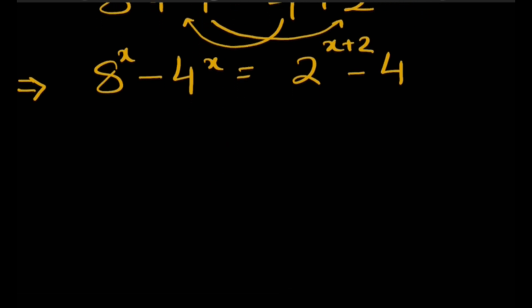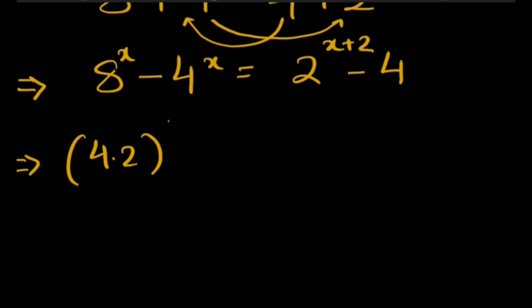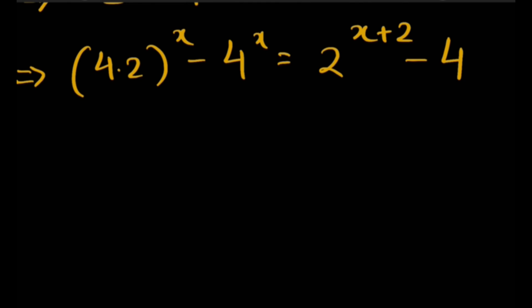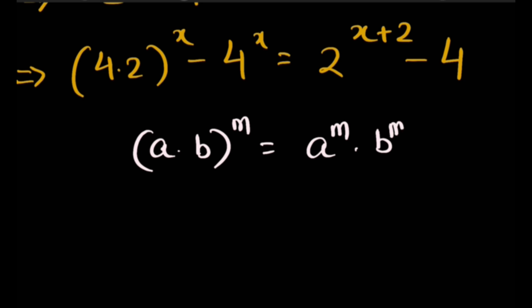Now we can write 8 as (4 into 2) whole to the power x minus 4 to the power x is equal to 2 to the power x plus 2 minus 4. We know a formula where we can write (a multiplied by b) whole to the power m is equal to a to the power m into b to the power m, and also there is a formula, a to the power m plus n will become a to the power m into a to the power n.